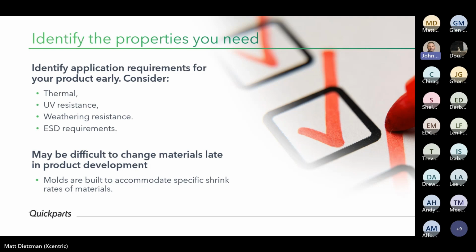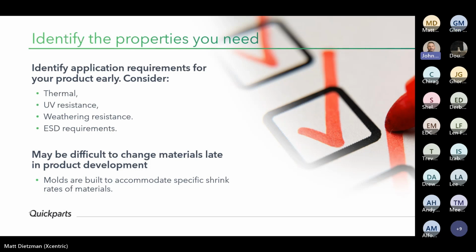So things to think about for your design or where your part's going to be is thermal. Is it going to be in the hot? Is it going to be in the cold? Is it going to be in both? Is it going to see sudden temperature changes? Is it going to be outdoors or somewhere where it's going to be exposed to UV? Or is it more of an internal part? Weathering resistance, again, is it outdoors?